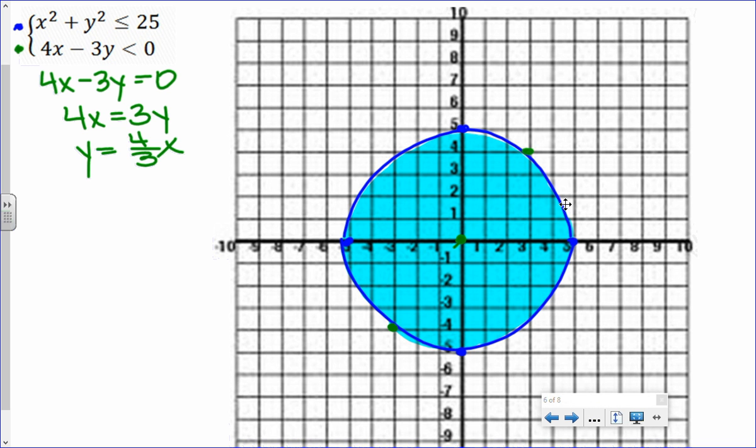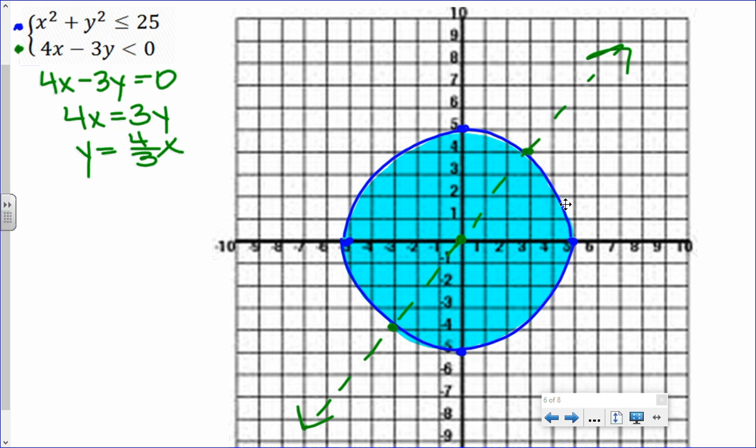And what kind of line do we have? We have a dotted line because we have a strict inequality. Now, when we're trying to decide where to shade, is it a good idea to pick 0, 0? No, 0, 0 is on our line.